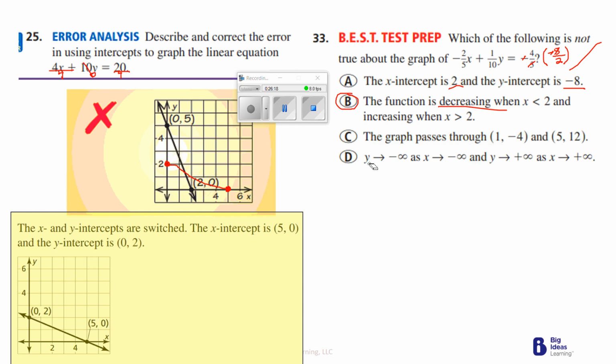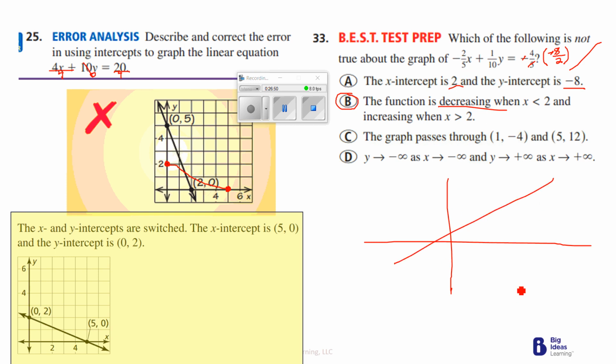D says when y is getting to negative infinity, x would be getting to negative infinity, and when y is getting to infinity, x would be getting to infinity. All right. Well, we did say this is going to be a positive slope, right? So let's just look at that. If I have an x and y coordinate, no matter what, we said that this was going to be a positive 2 over 5.